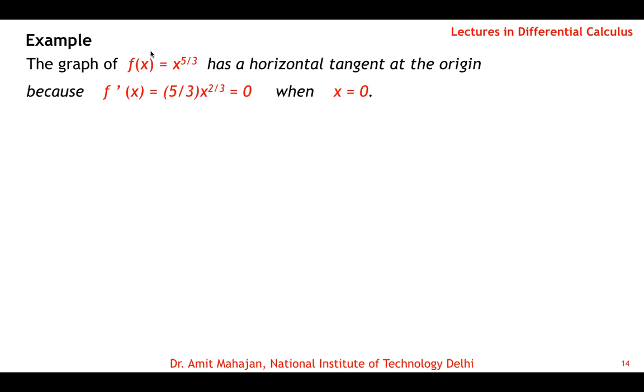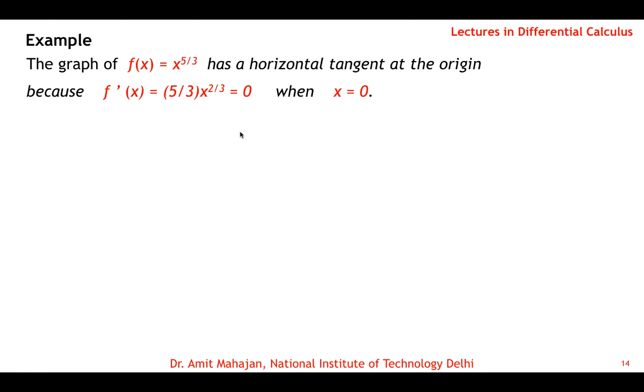Say, for example, the graph of the function f(x) equal to x raised to the power 5/3. It has a horizontal tangent at the origin, because the first derivative of this is 0 at x equal to 0. So at x equal to 0 the slope is 0, and there is a horizontal tangent here.